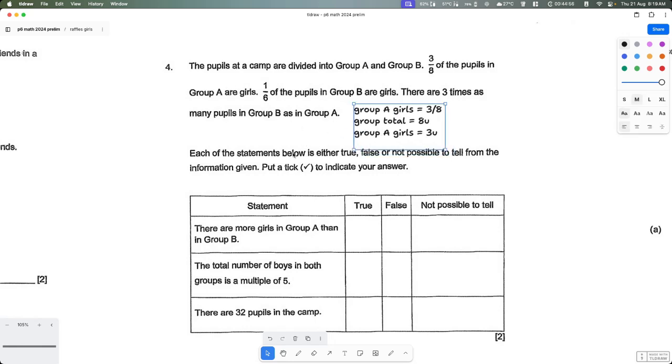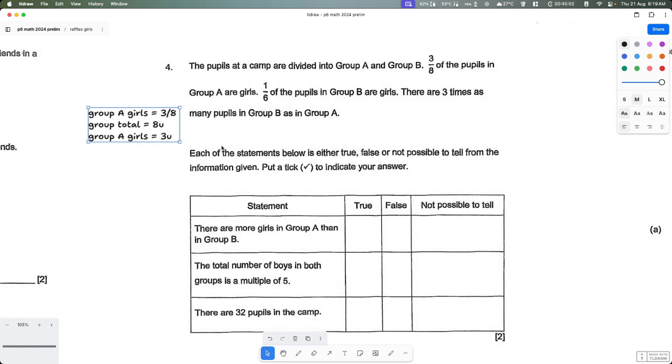Then 1/6 of the pupils in Group B are girls, so the group total is 6 units and Group B girls is 1.